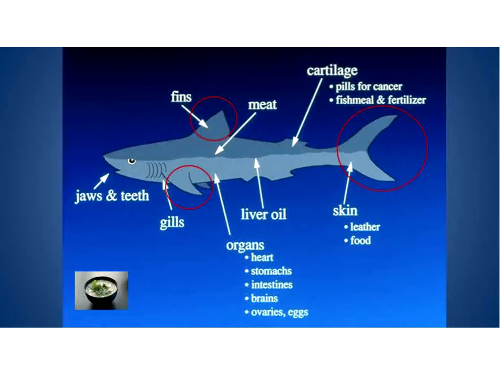One of the reasons why they are so highly desired in fisheries is because sharks have many desirable products. And I've labeled many of them here. But probably the one you're most familiar with, if you understand a little bit about the conservation and threats to sharks, is the one circled in red: fins. Since about the 1980s, demand for shark fin has skyrocketed with the opening of China to luxury goods.